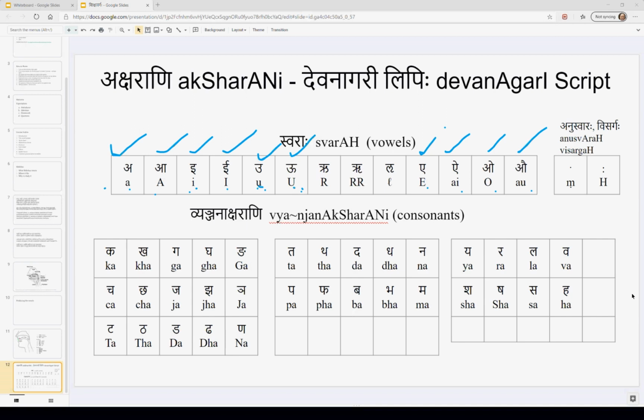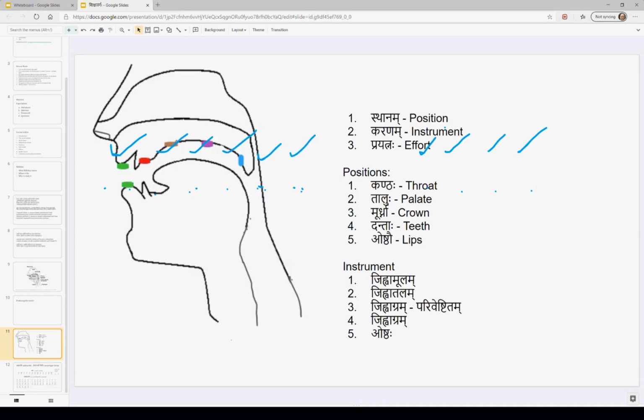So, my approach is a little bit different. We can just read the sutras and finish it, but we can also look at it a little bit practically. Then we can form the sutras ourselves from where they are originating. You can go to any book and find the sutras and read them.